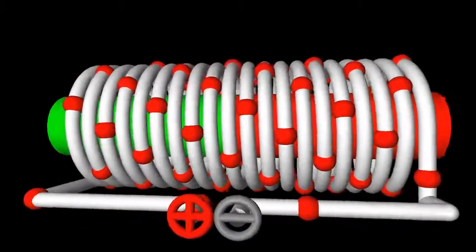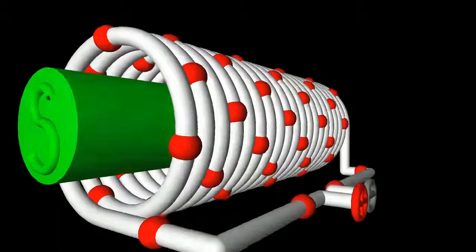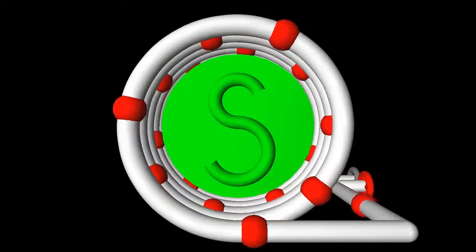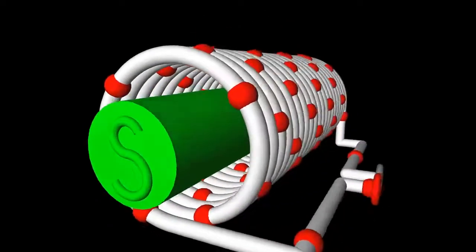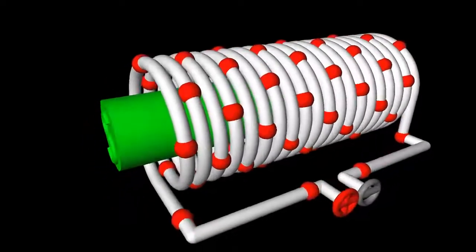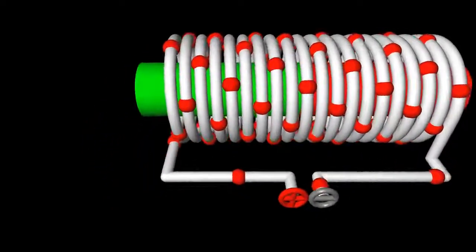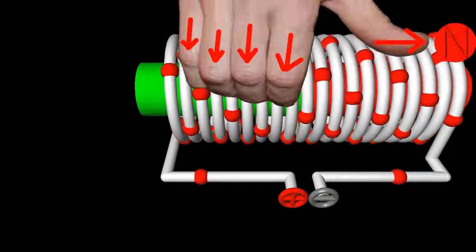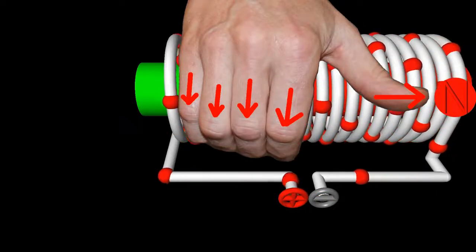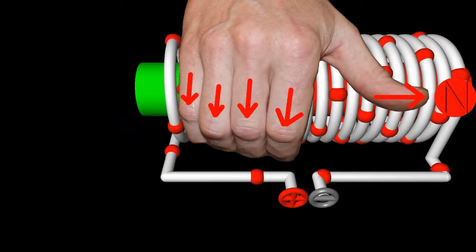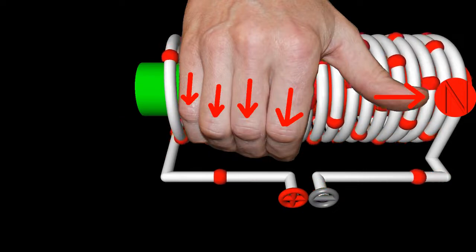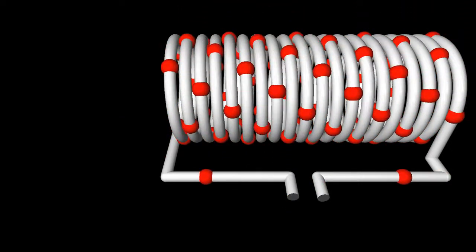The flow of charges is clockwise at the left end of the solenoid, which is why the magnetic south pole is placed there. When grabbing the solenoid with your right hand from the top of the screen, your fingers point in the direction of the positive current, and your thumb is once again pointing towards the north pole.